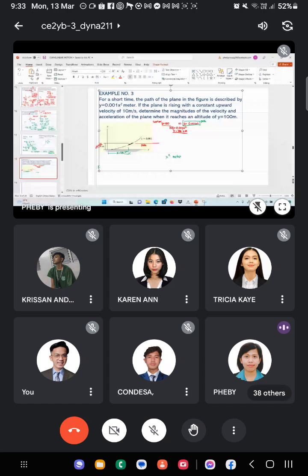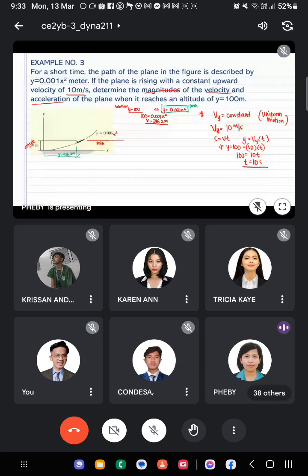So, makakarating pala siya sa 100 meter altitude at 10 seconds. And, yung ating vy is equal to dy over dt. Diba? Change in displacement y over dt, as y is equal to 0.001 x squared.